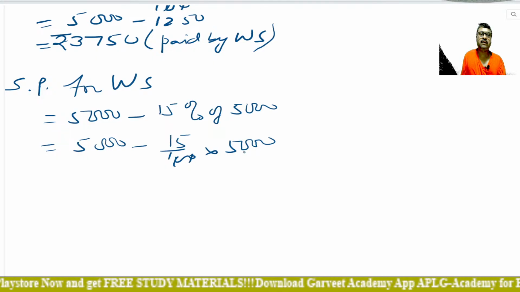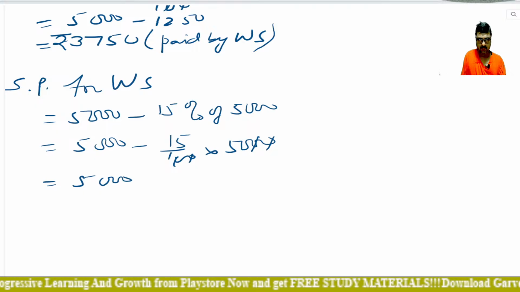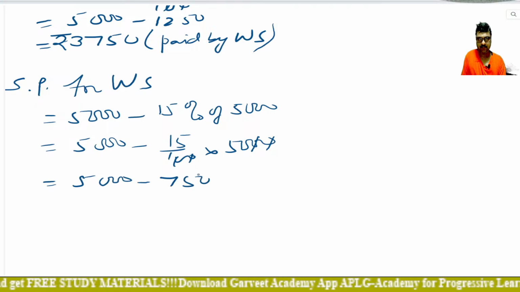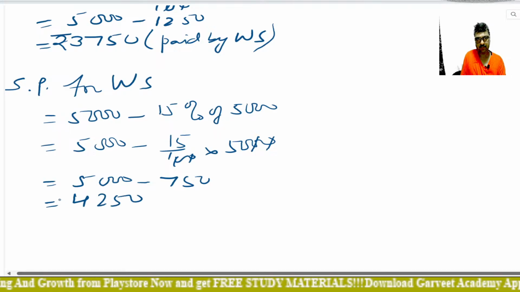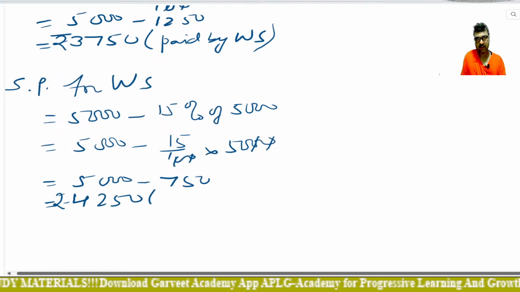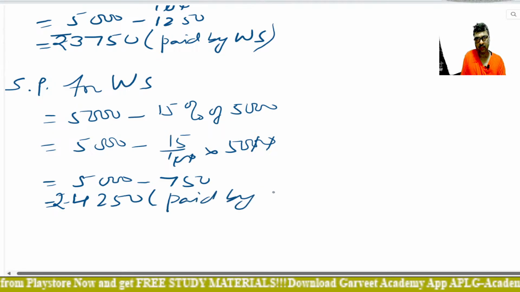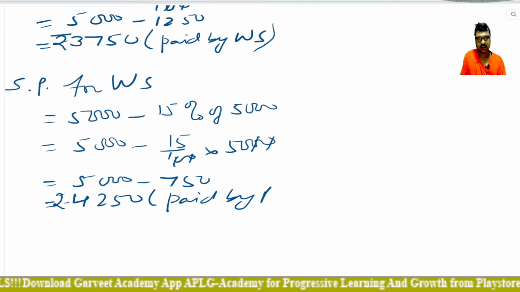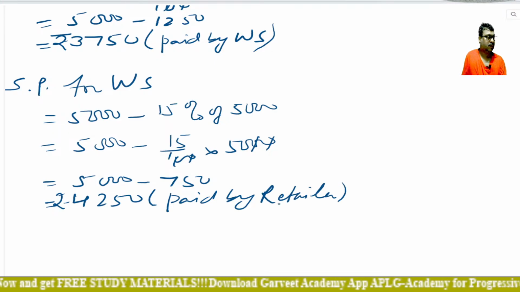That will give us how much? 5,000 minus 750, which comes down to 4,250. This amount is paid by whom? Retailer. Okay. So we have not reached the consumer yet.